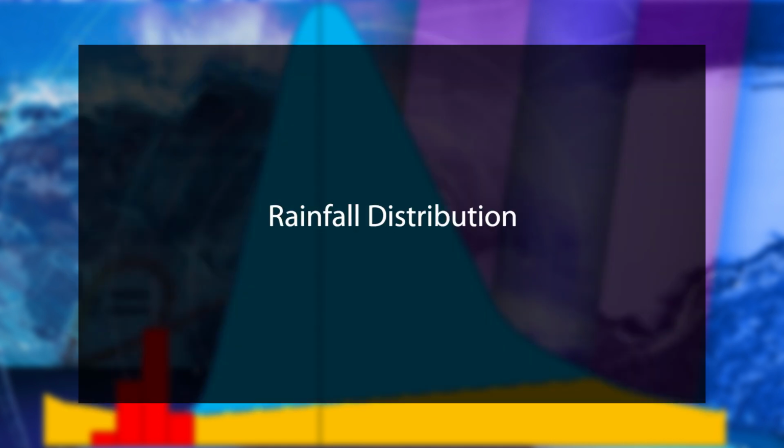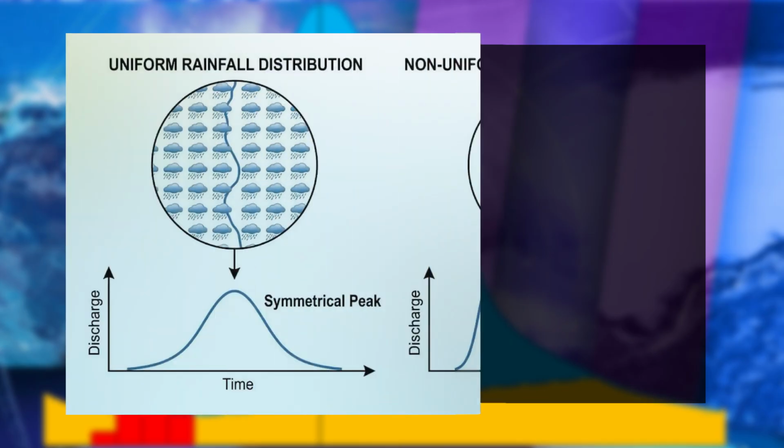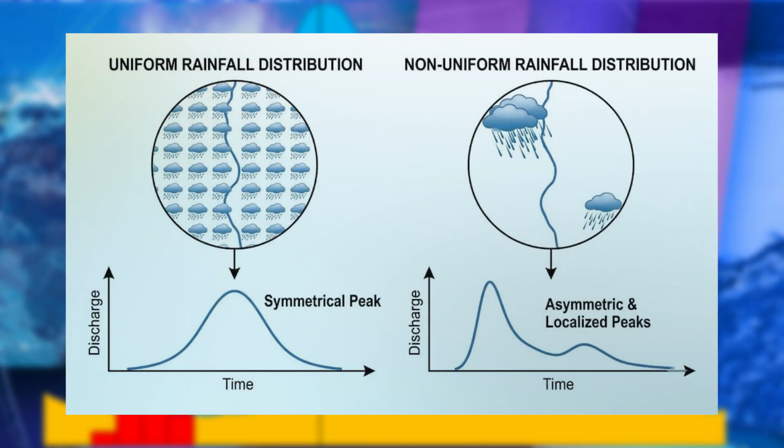So far as the rainfall distribution is concerned, spatially uniform rainfall across the watershed leads to a symmetrical peak in the hydrograph, whereas non-uniform distribution with concentrated rainfall in one part of the catchment generates an asymmetric shape and localized runoff peaks.